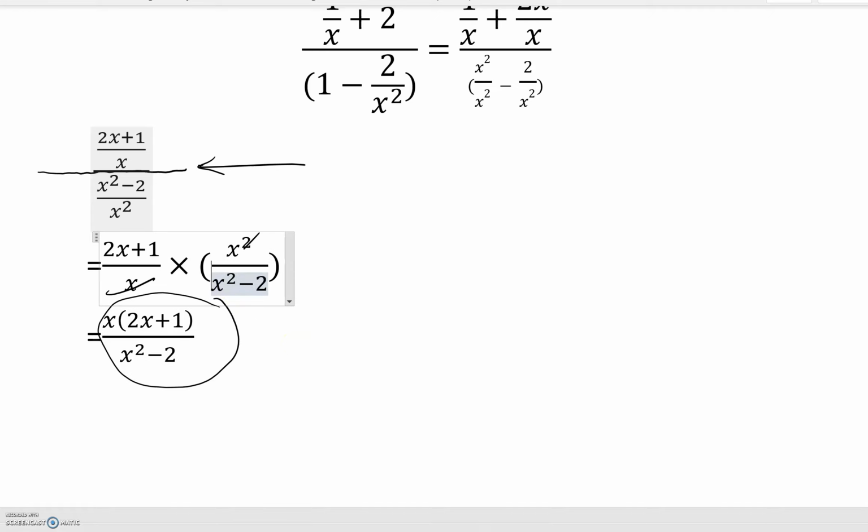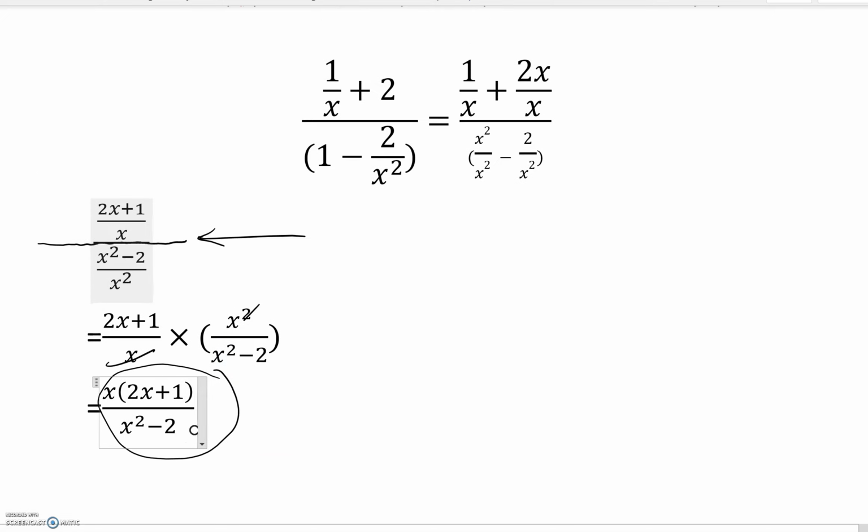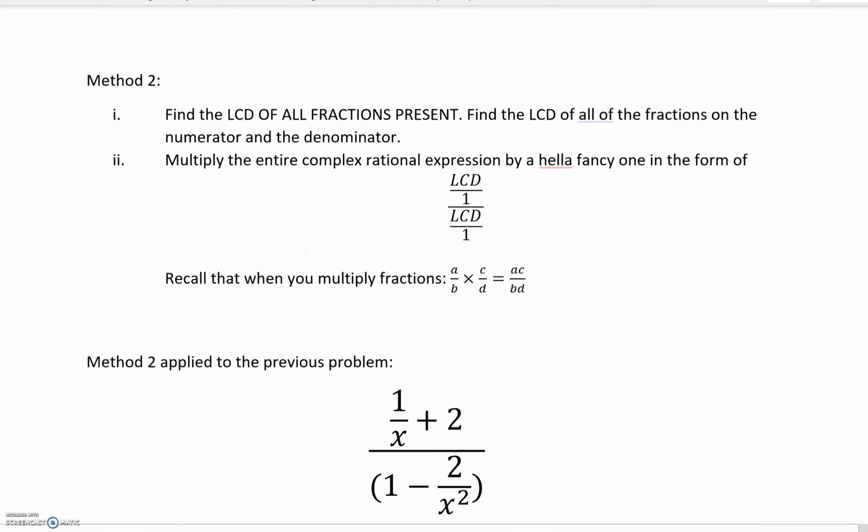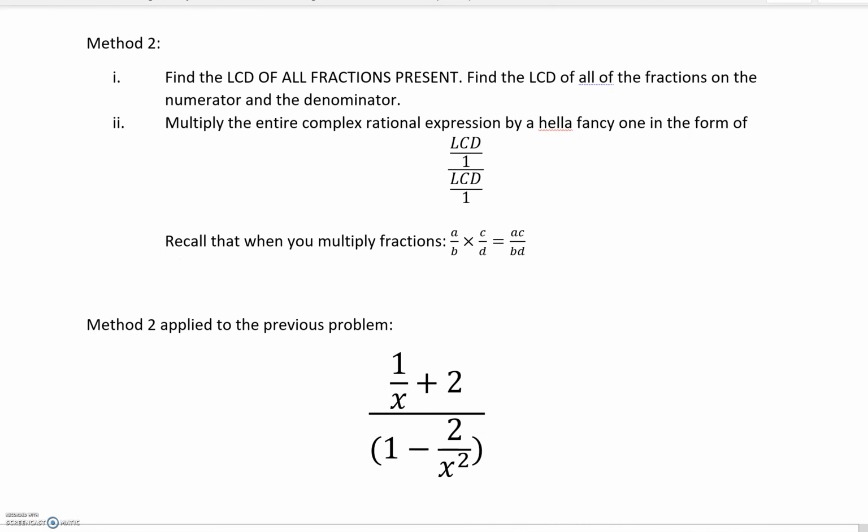There are some of you that will not like this method for some of these problems. What's the other method? Let's take a look at this problem again, but with the second method. The second method requires you to find the LCD of all of the fractions present. That means to find the LCD of all of the fractions on the top and the bottom, all of them.